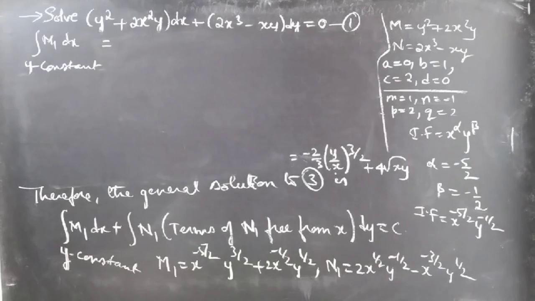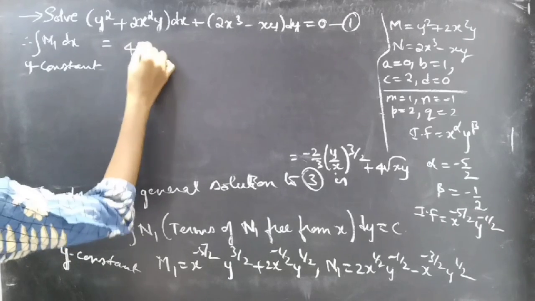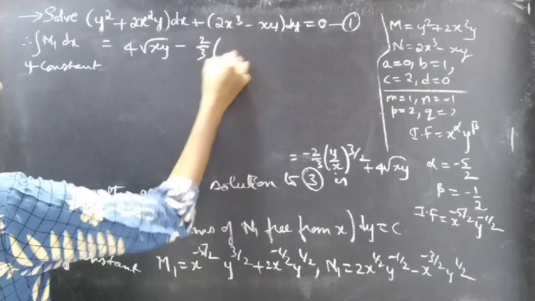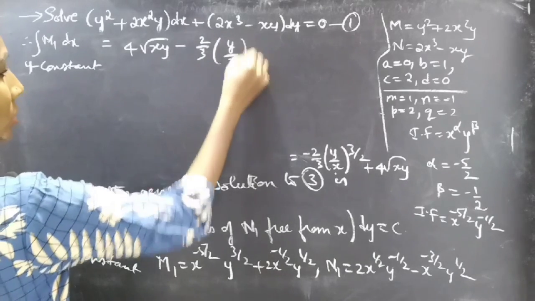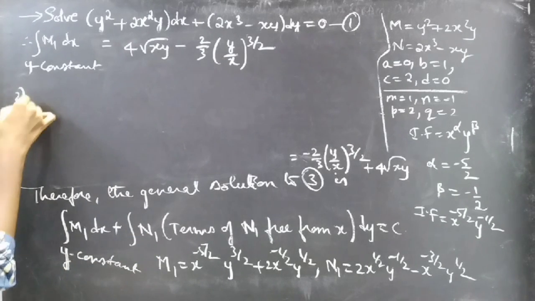Therefore, integral M1 dx treating y as constant is 4 root xy minus 2 by 3 into y by x whole to the power 3 by 2. Now let's find the second integral.